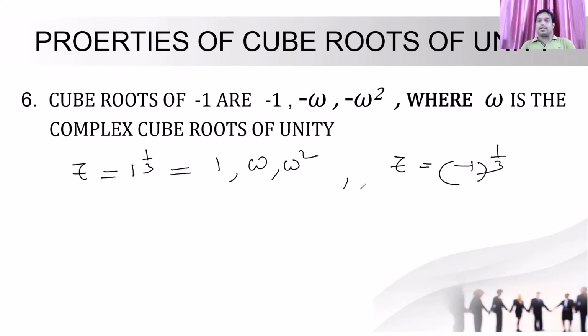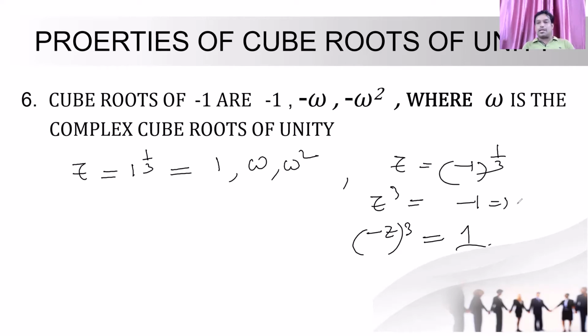Then what is the value of z? Then what are the cube roots? So how to do this? So let us cube on both the sides. Z cube equal to minus 1. And we can write minus z cube equal to what? Plus 1. Or you can write like this, minus z cube equal to plus 1. So this minus 1 I have taken to the left hand side. So this is minus z whole cube equal to plus 1.